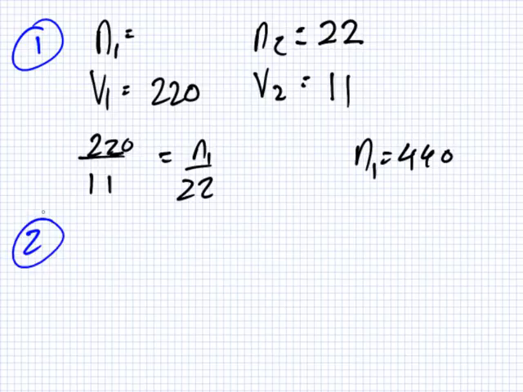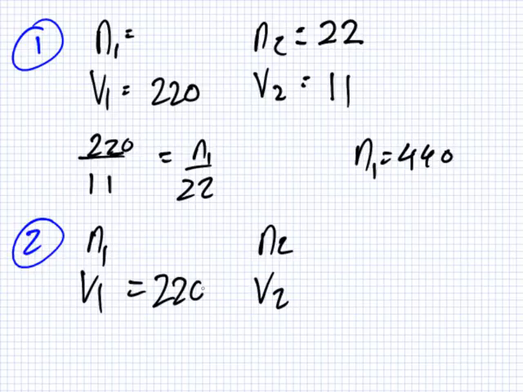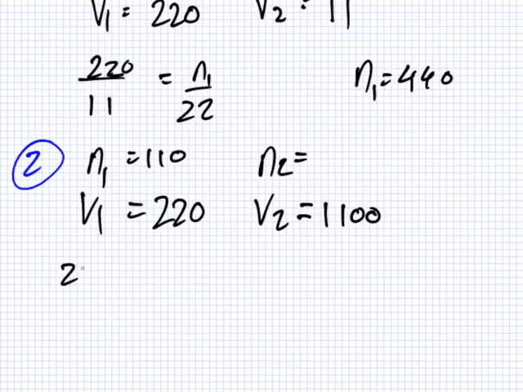Number 2. V1 is 220, and V2 is 1100. N1 is 110, and N2 is what you want. No, I want the currents.